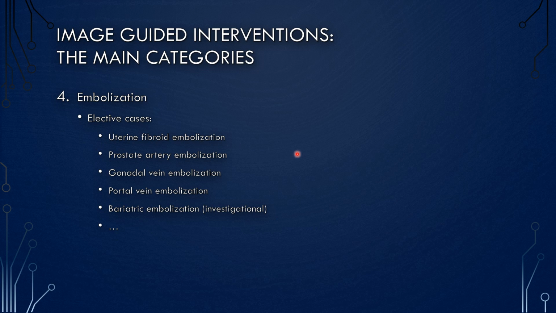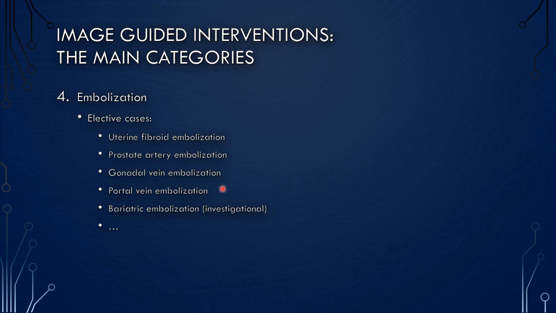We can embolize them using a small catheter through the right common femoral artery. A new technique being introduced into the market now is prostate artery embolization for benign prostatic hyperplasia. We can sometimes do gonadal vein embolization in cases of varicocele or varices.